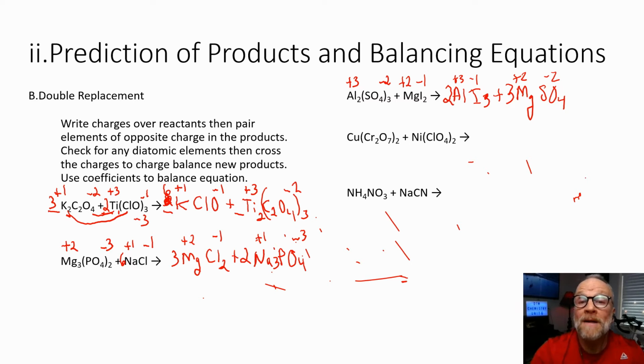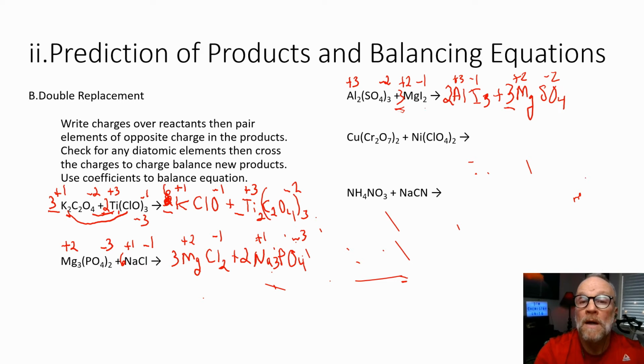We have 3 magnesiums on the product side, but we only have 1 on the reactant side, so we'll have to put a 3 there. 3 times 2 is 6, and 2 times 3 is 6. So let's double check ourselves and make sure that we are balanced. 2 aluminums, 3 sulfates, right? 3 sulfates, 3 magnesiums, and 3 magnesiums.